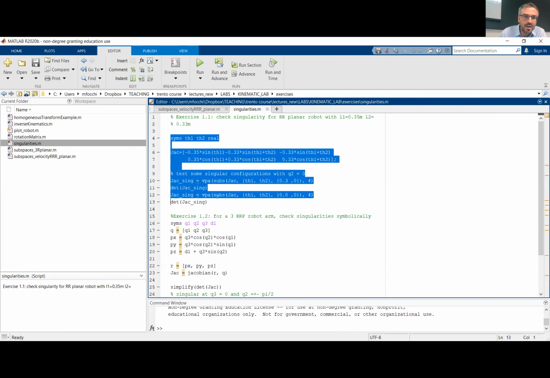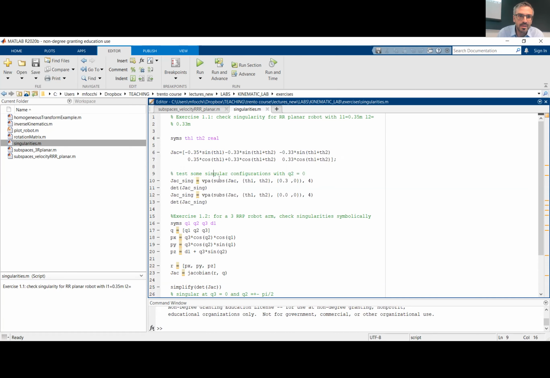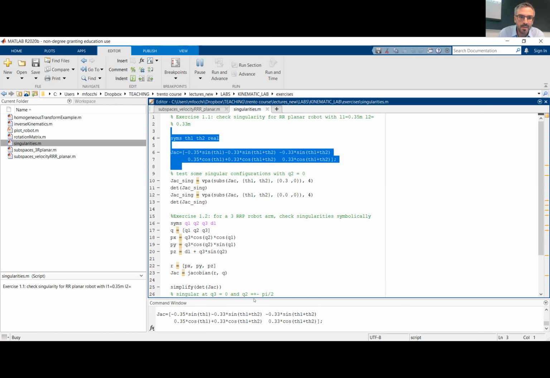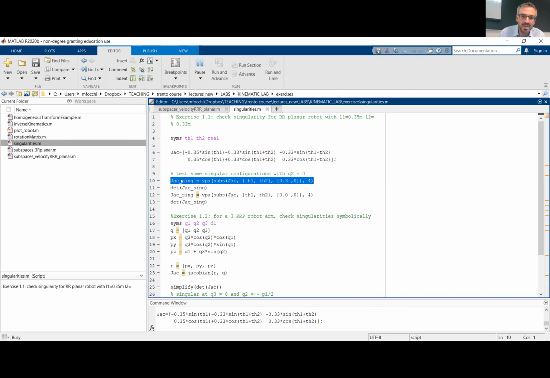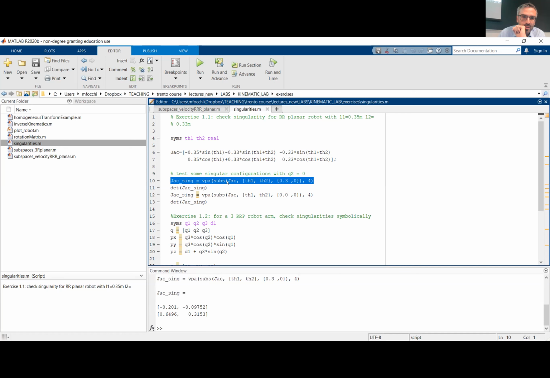So in the RR case, you have the Jacobian, and you evaluate the Jacobian. VPA is just to have a symbolic expression with a certain number of digits, and you replace, in essence, q2 equal to 0, which is one of the singularities, and you can check if the determinant of the Jacobian is 0.